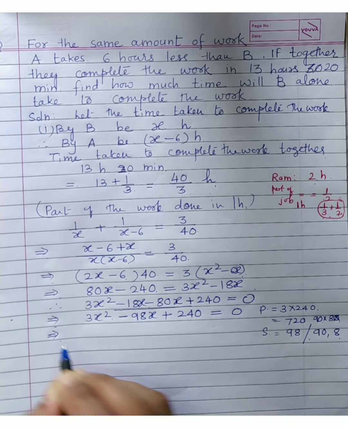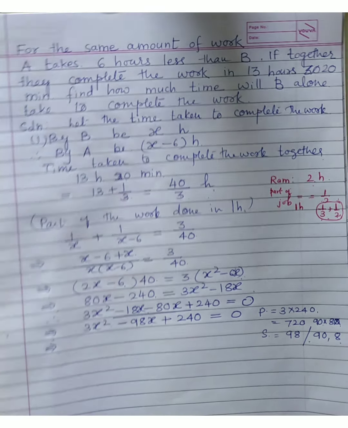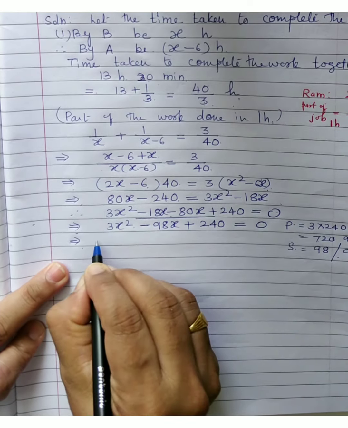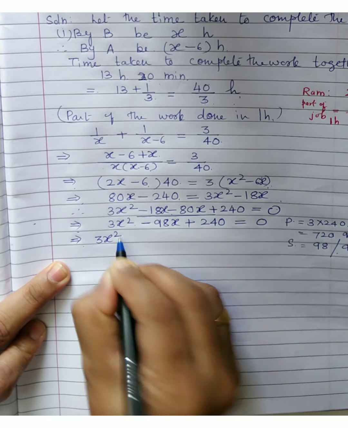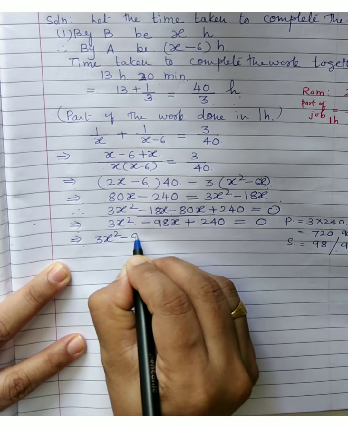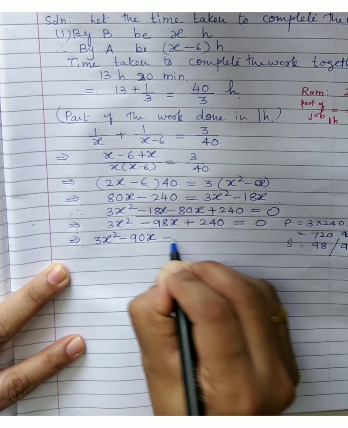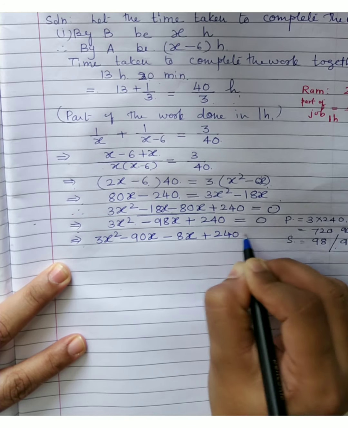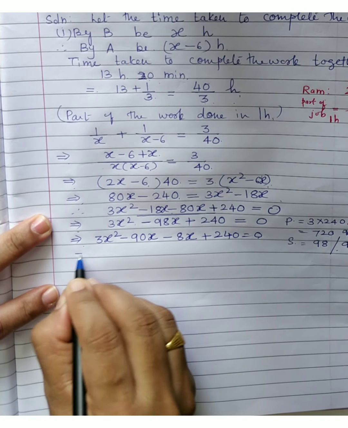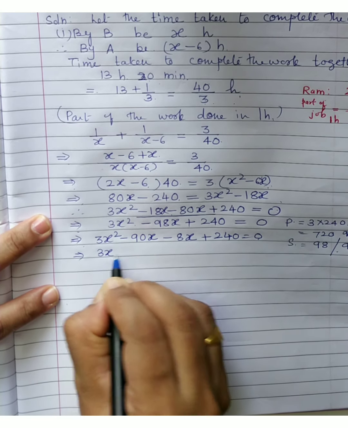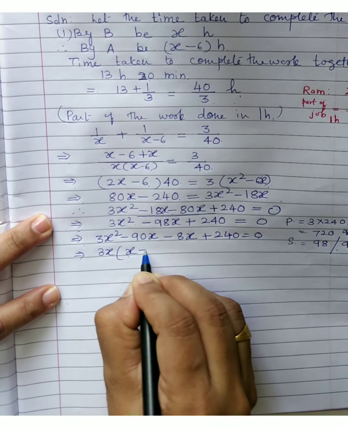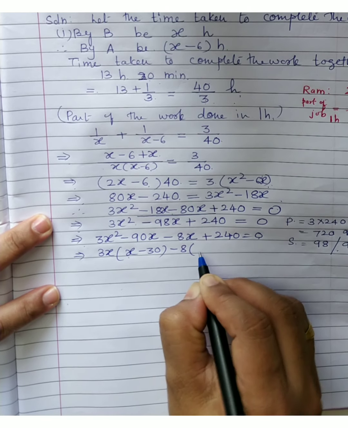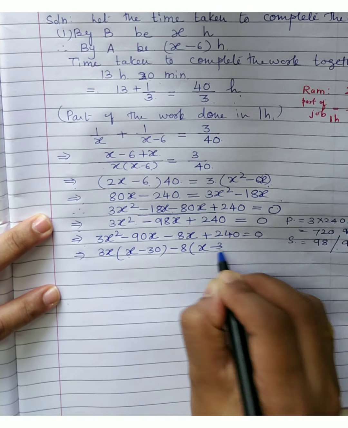Again, direct factors cannot be obtained here because the coefficient of x square is 3. So you write here 3x square minus 90x minus 8x plus 240 is equal to 0. What is common here? 3x. So what is left here? X minus 30. Minus 8 common, x minus 30.